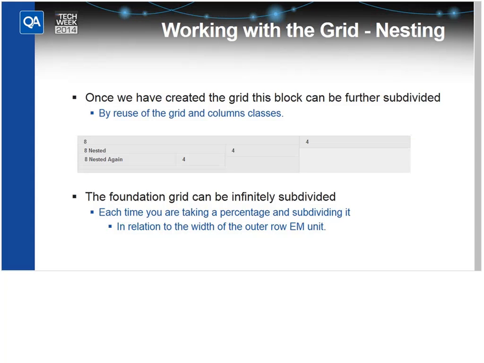And then you can take that 8 and 4 and nest again and nest again. So you can create rows inside rows. Now, because we're built on percentages and relative container spaces, it's always a percentage of the containing block. So the work to achieve this resizing becomes relatively straightforward.